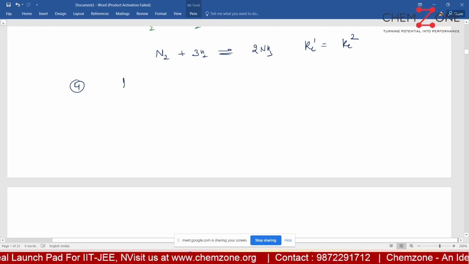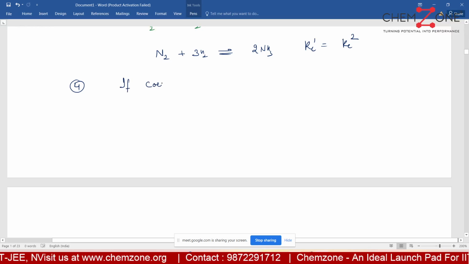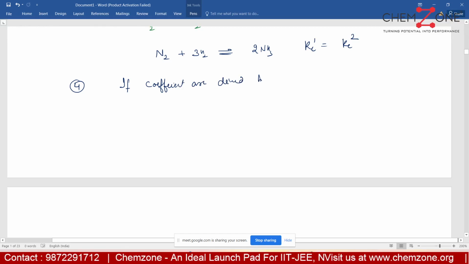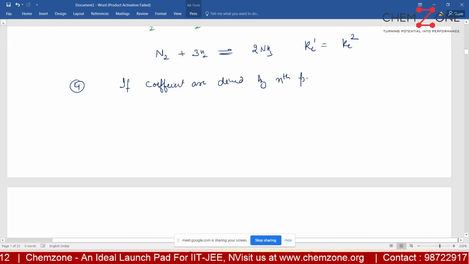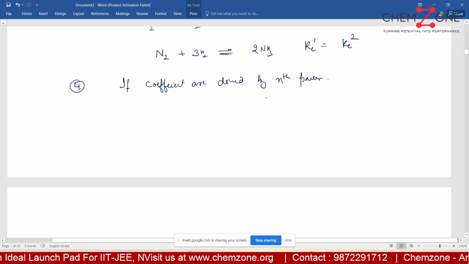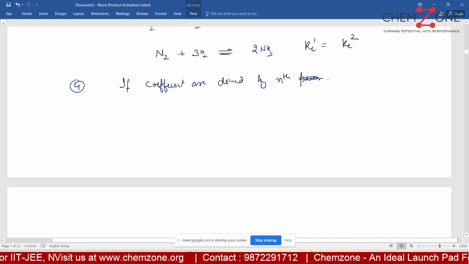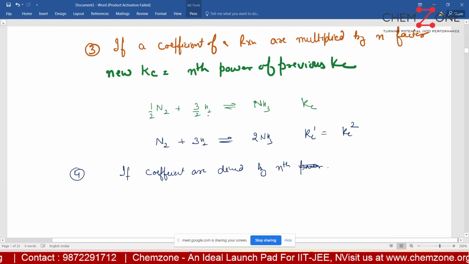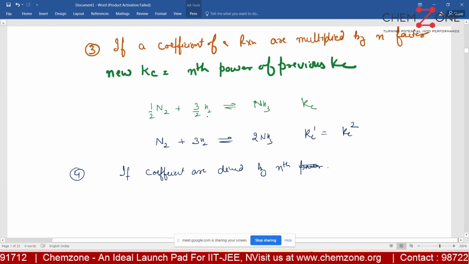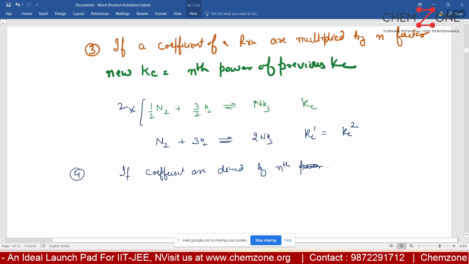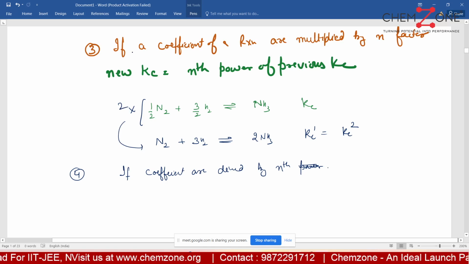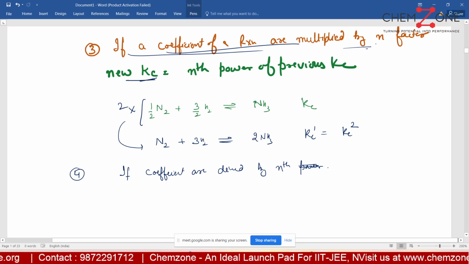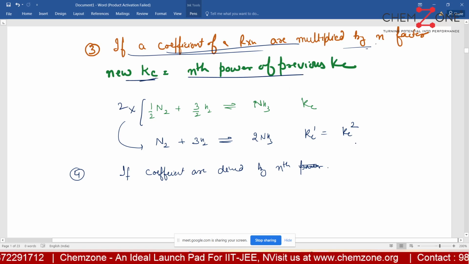Fourth, if coefficients of a reaction are divided by n. Excuse me, sir. Yes, please. Sir, why is it Kc squared? I have multiplied this whole equation by 2, then I'm getting this equation. This property says if coefficients are multiplied by the n factor, the new equilibrium constant will be the nth power of the previous Kc.